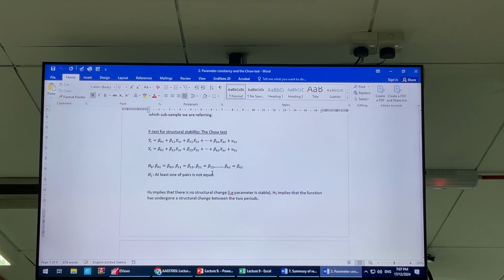If we reject the null hypothesis, we conclude that at least one of them is not the same for the period before and after. But we do not know whether the intercept or slope is the one that is not stable, or both.